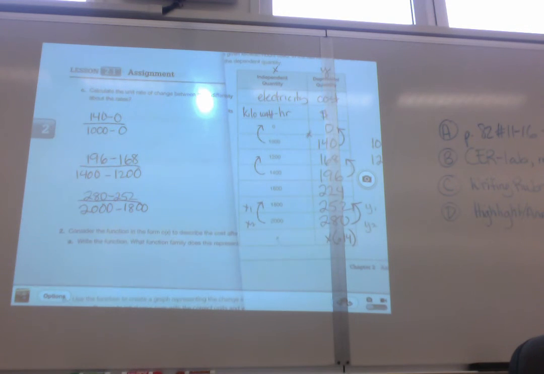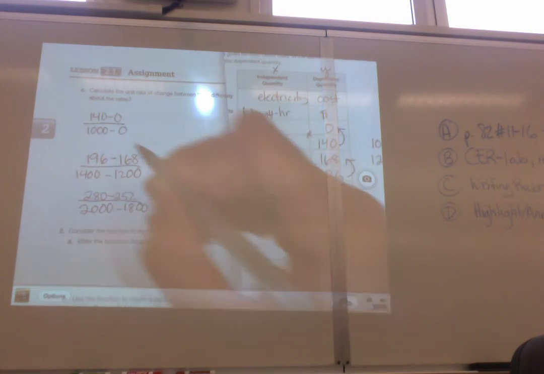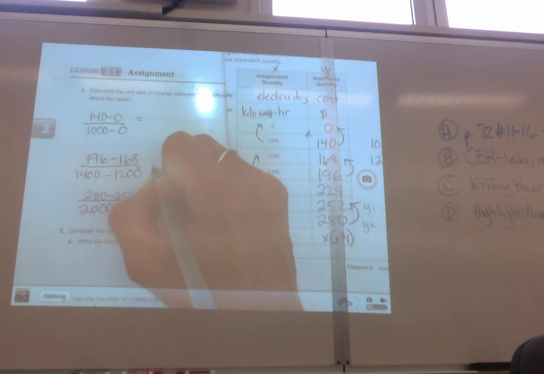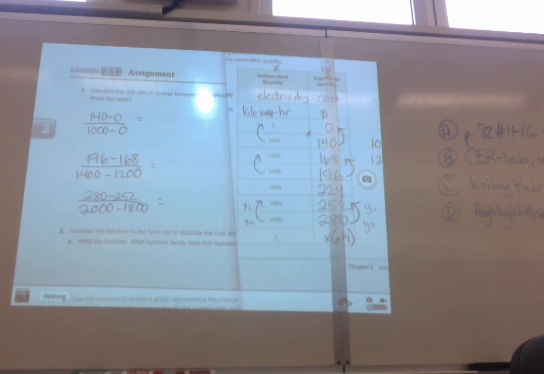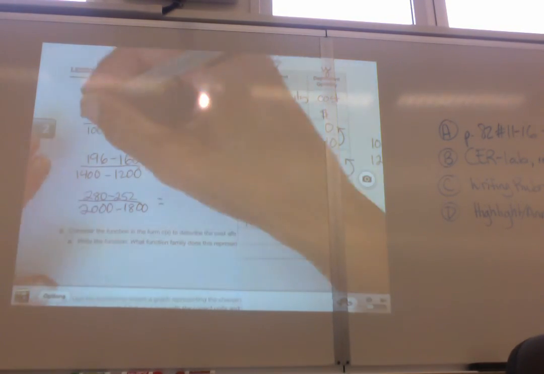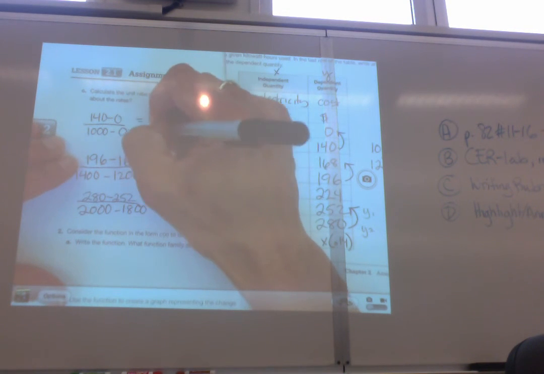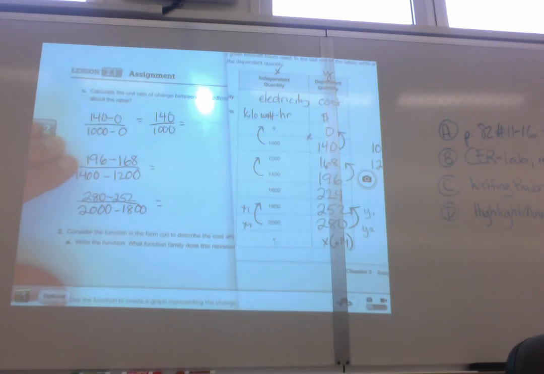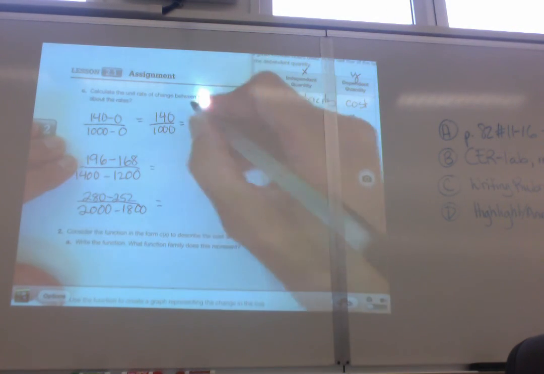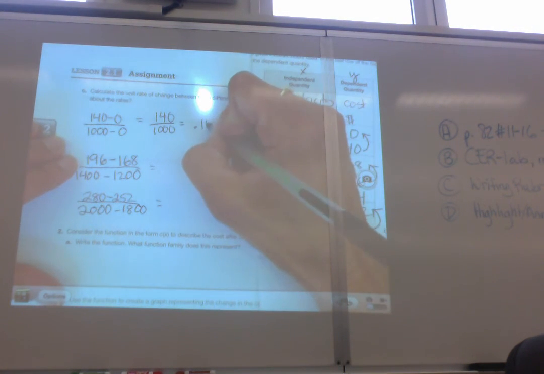So this rate of change we are looking at different ways, and here's how it looks in this table. If I go ahead with my calculator and subtract and divide, I'm going to subtract both first. This one's easy. And then I'll divide to get it down to a decimal. And this one's going to be 0.14.